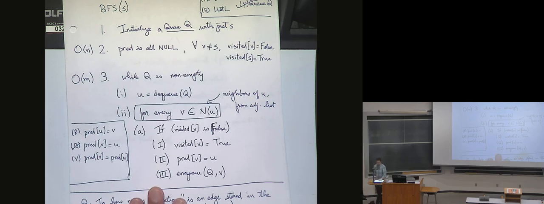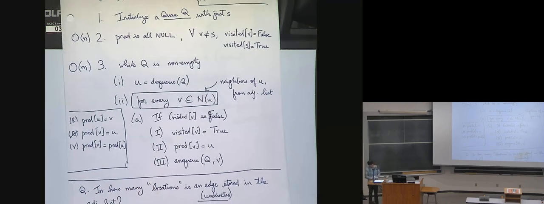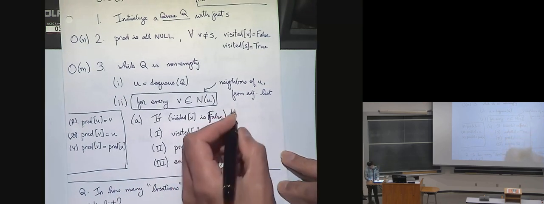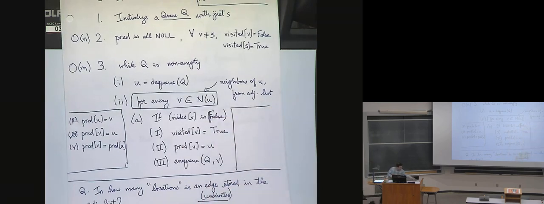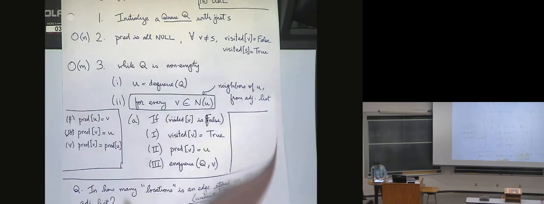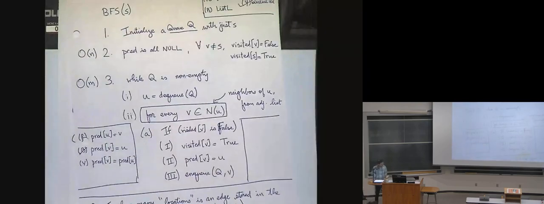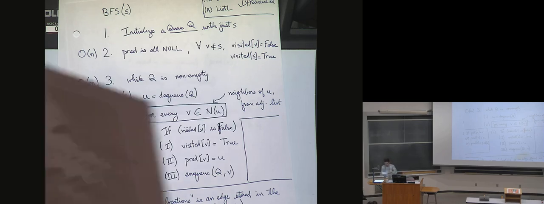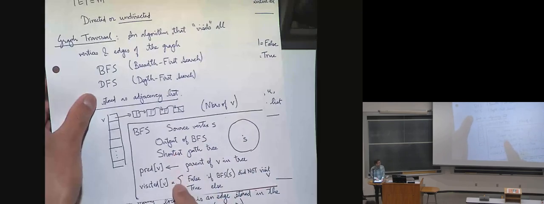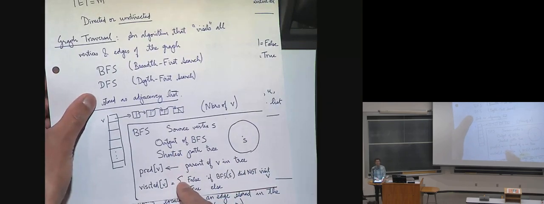Maybe the right way, I didn't write this explicitly over here, but I did say it, where did I put that? It must have been somewhere where I said the output is the predecessor array. Right, sorry, there it is. Remember, I said the output are predecessor and visited, so these are like return values.